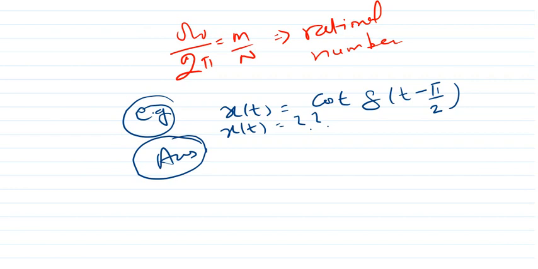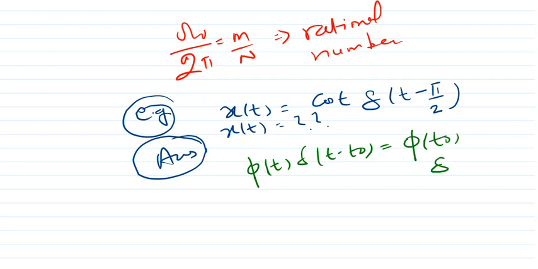The property is that if we have a signal phi(t) multiplied with delta(t minus t naught), we will get phi(t naught) delta(t minus t naught). So this is our property.